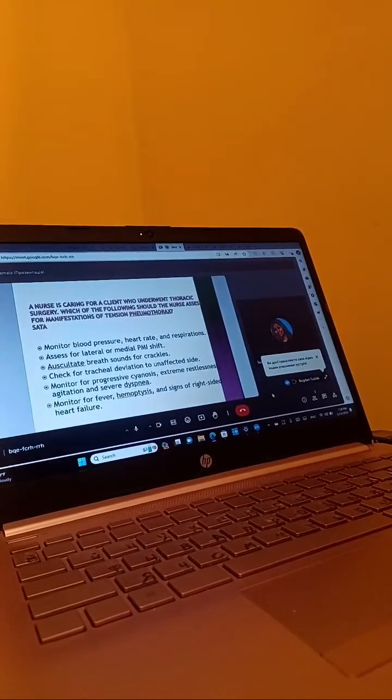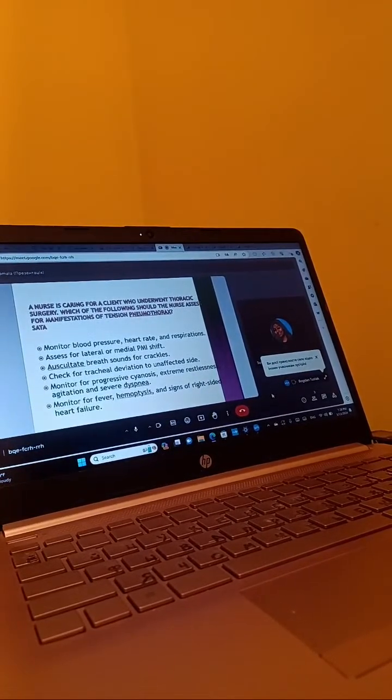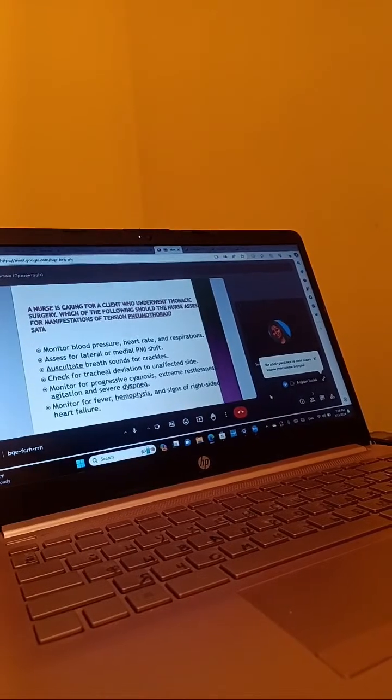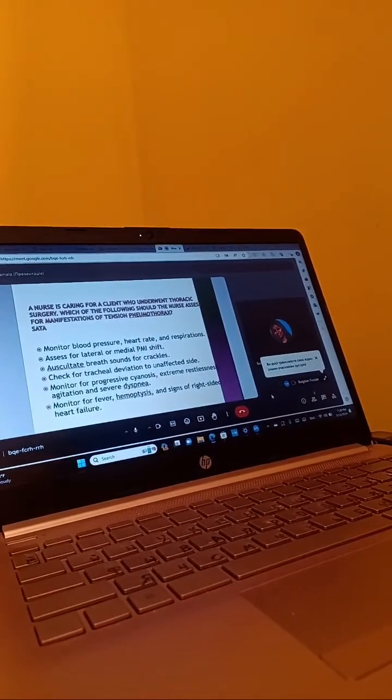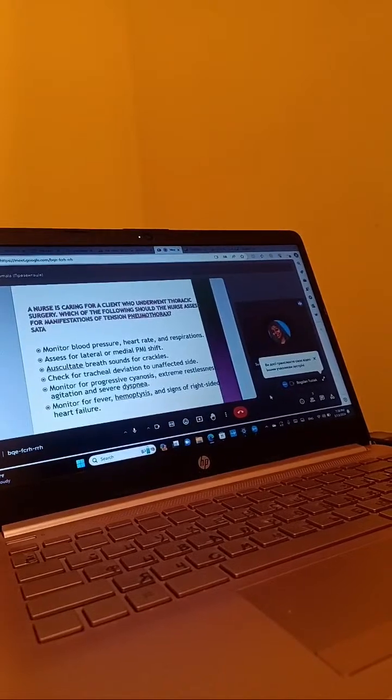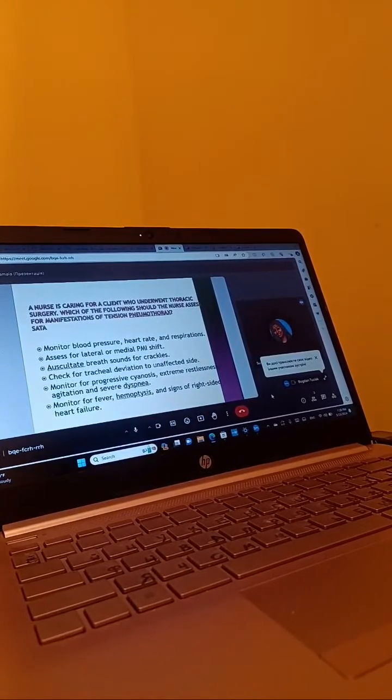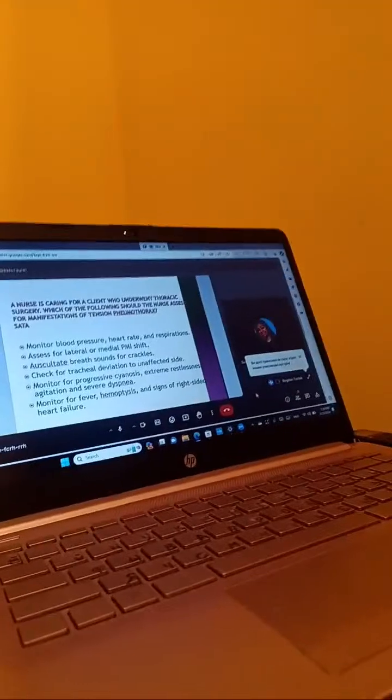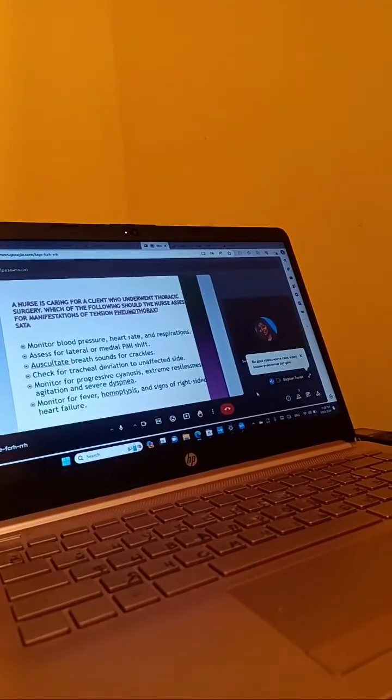Monitor for fever, hemoptysis, which means coughing up blood, and signs of right-sided heart failure.